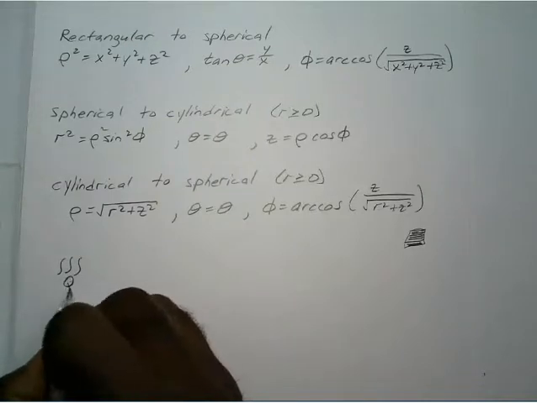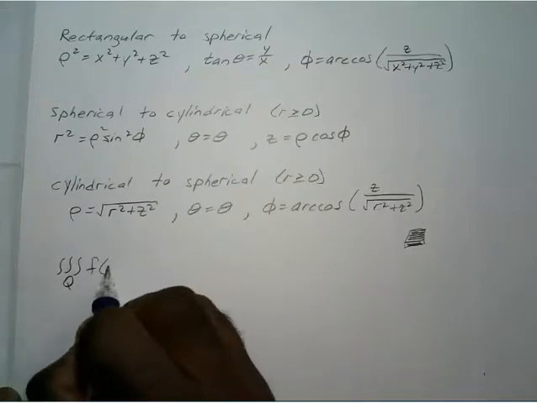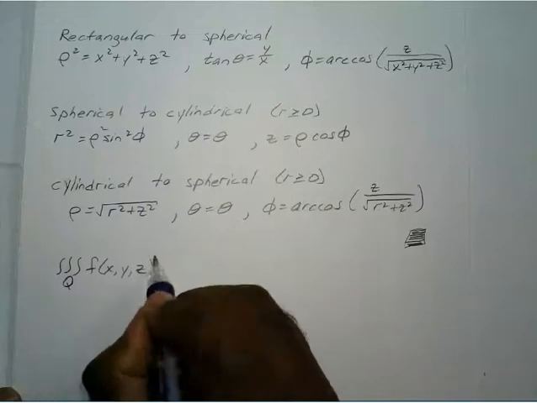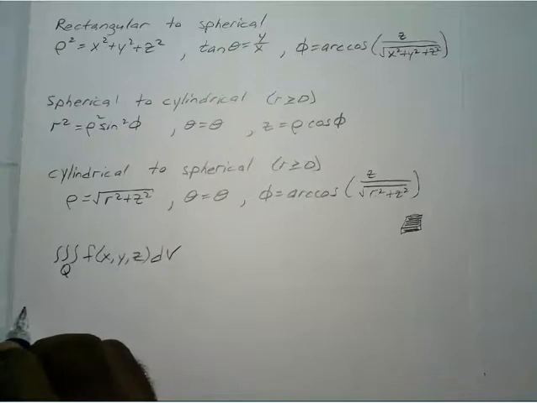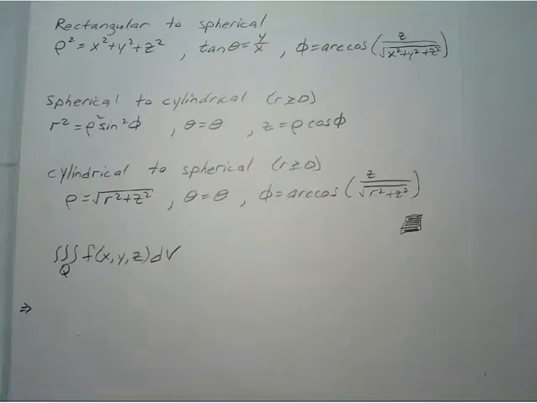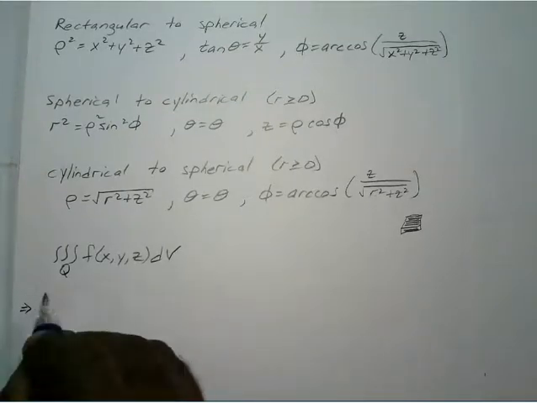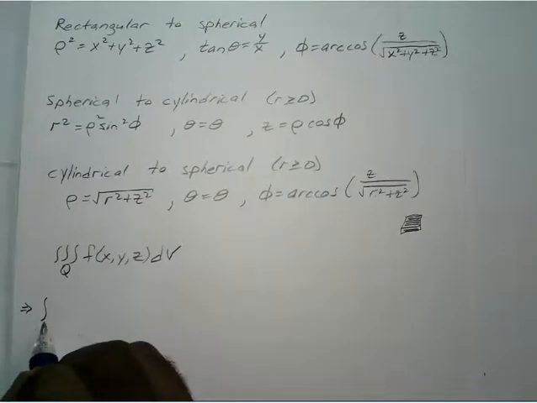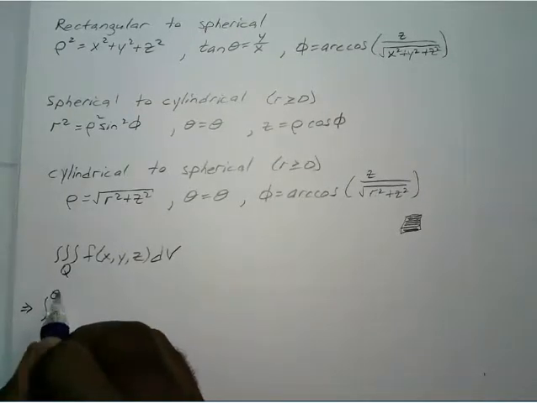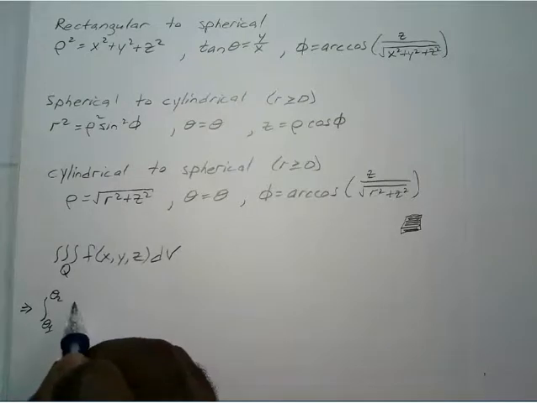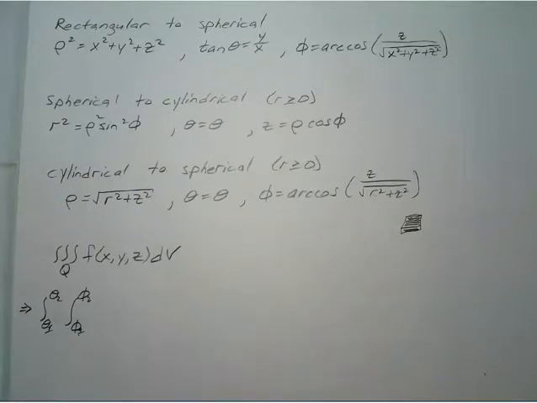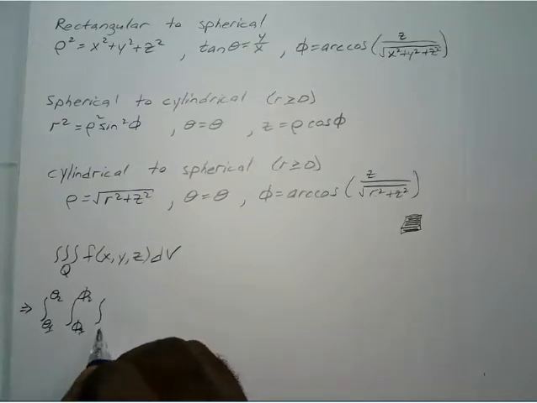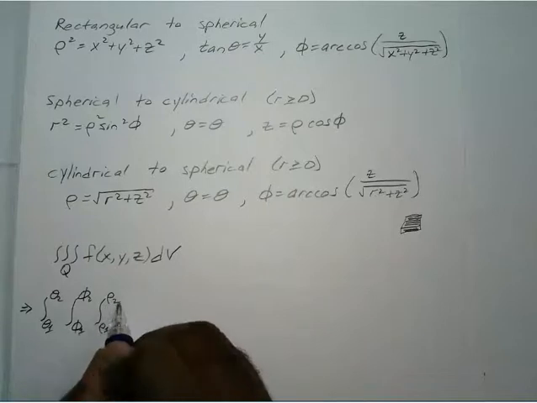So if we have the triple integral of f(x, y, z) with respect to the volume, we want to start far left because this can kind of stretch out for a while. You have the integral from your theta number 1 to theta number 2. You have your phi number 1 to your phi value number 2. You have your rho value 1 and your rho number 2.